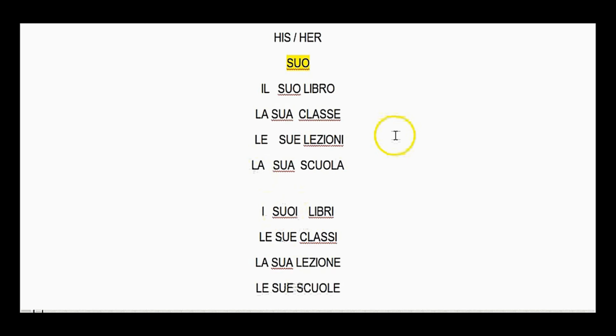Il suo libro, la sua classe, le sue lezioni, la sua scuola, and then the plural forms, i suoi libri, le sue classi, la sua lezione, because I had the plural up there, la sua lezione, le sue scuole.